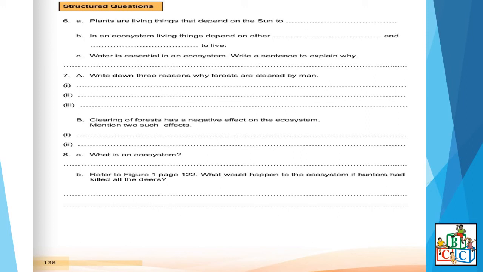Tigers feed on deer. So if all the deers are killed, what will happen to the tigers? The tigers will not have food to eat and they will die. Okay, so this will cause a problem to the ecosystem.